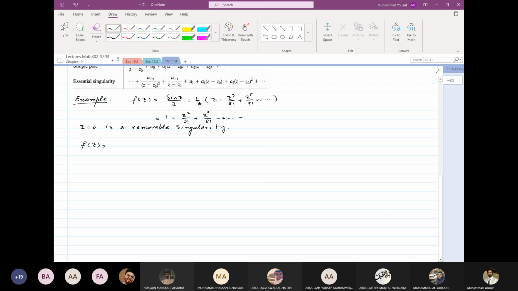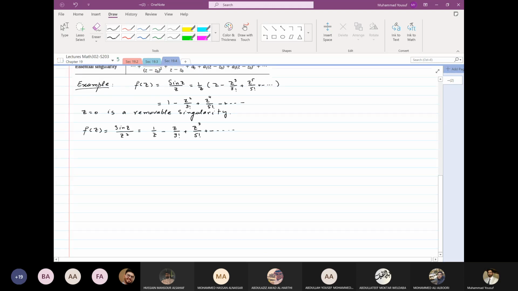But if f of z is sine z over z square, then we will get 1 over z minus z over 3 factorial plus z power 3 over 5 factorial minus plus and so on.